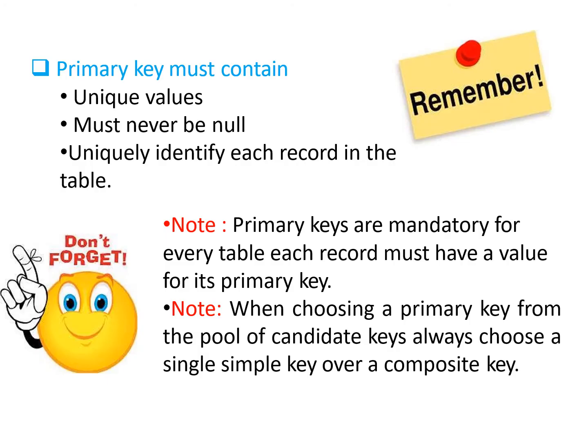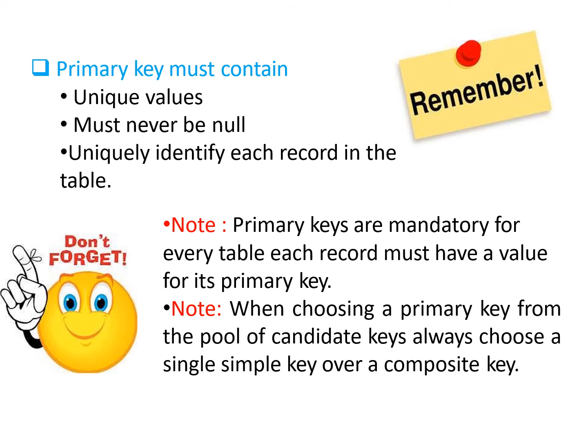Now primary key must contain unique values, it must never be null, and it should uniquely identify each record in the table. You have to remember this every time because primary key is a very important part of the DBMS structure. Okay. Then primary keys are mandatory for every table.